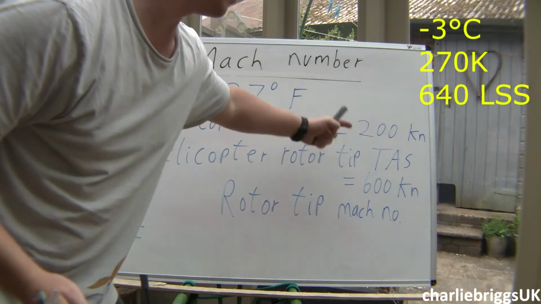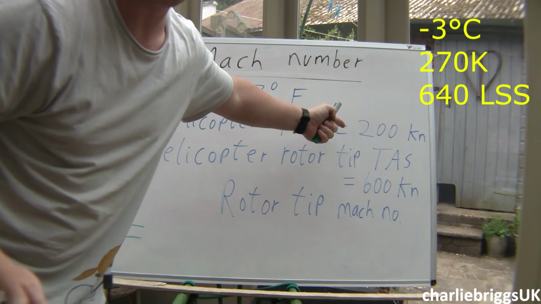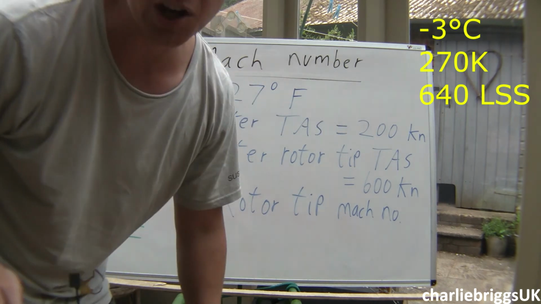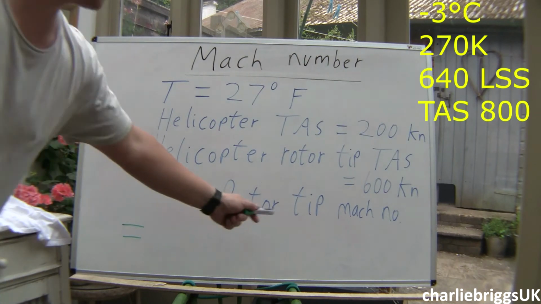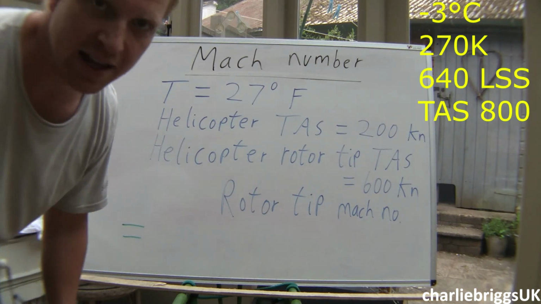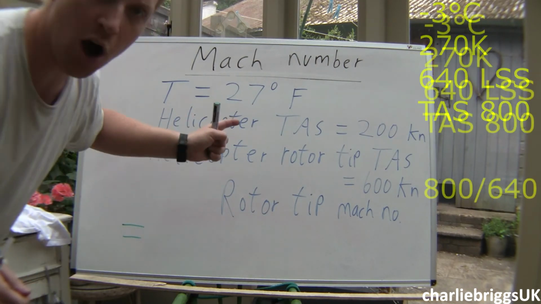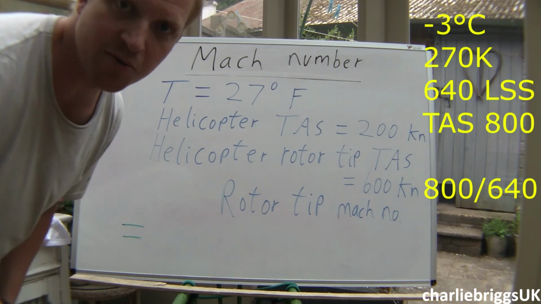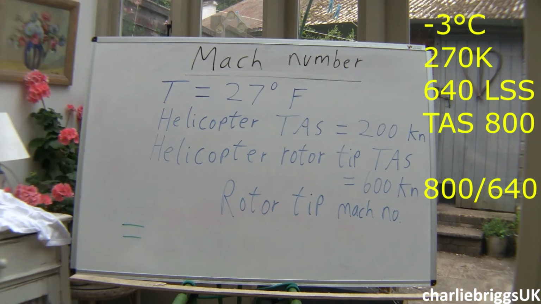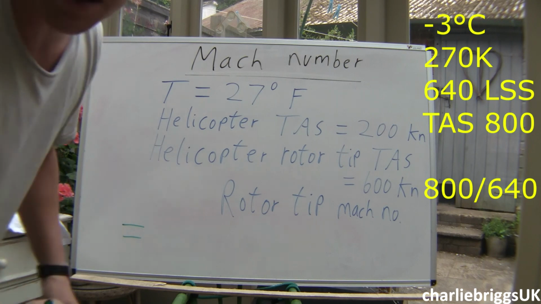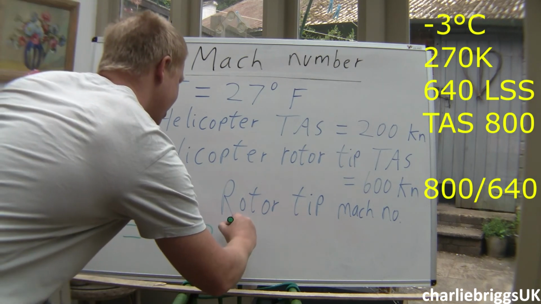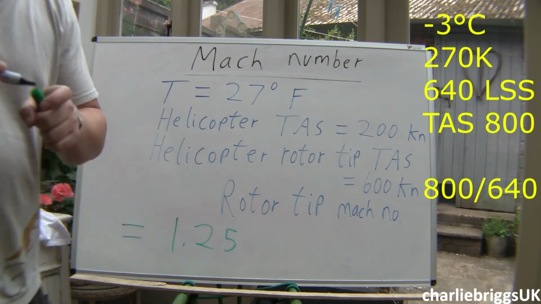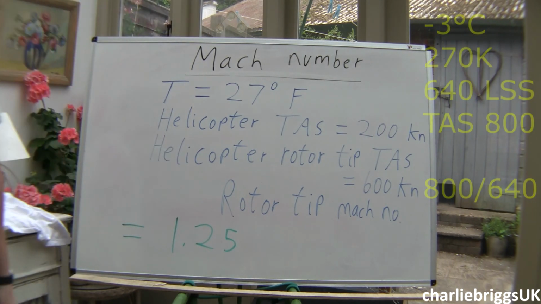So 600 plus 200 is 800 knots. So the rotor tip Mach number is 800 over 640. So the rotor tip Mach number is 1.25.